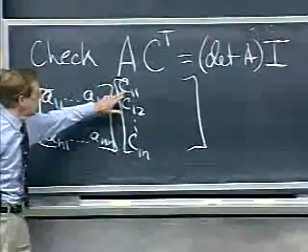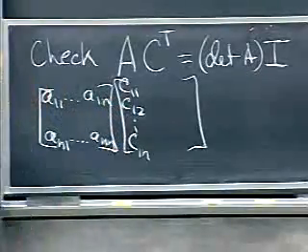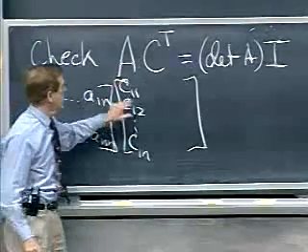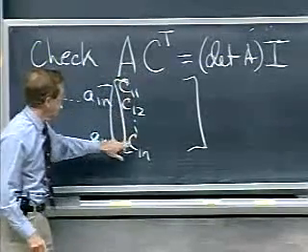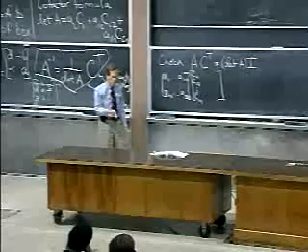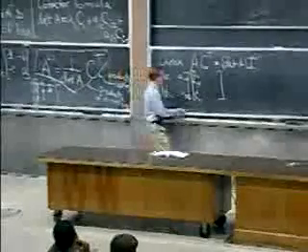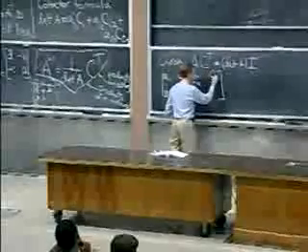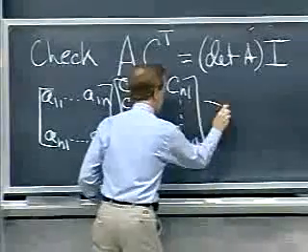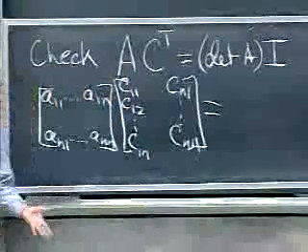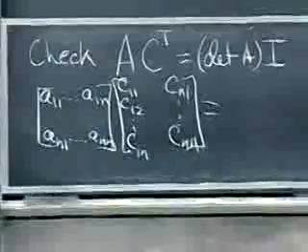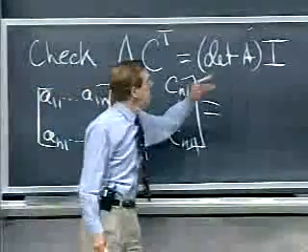Notice, usually that 1 coming first would mean I'm in row 1, but I've transposed. This first column are the cofactors from row 1, and the last column would be the cofactors from row n. And why should that come out to be anything good? In fact, why should it come out to be as good as this?